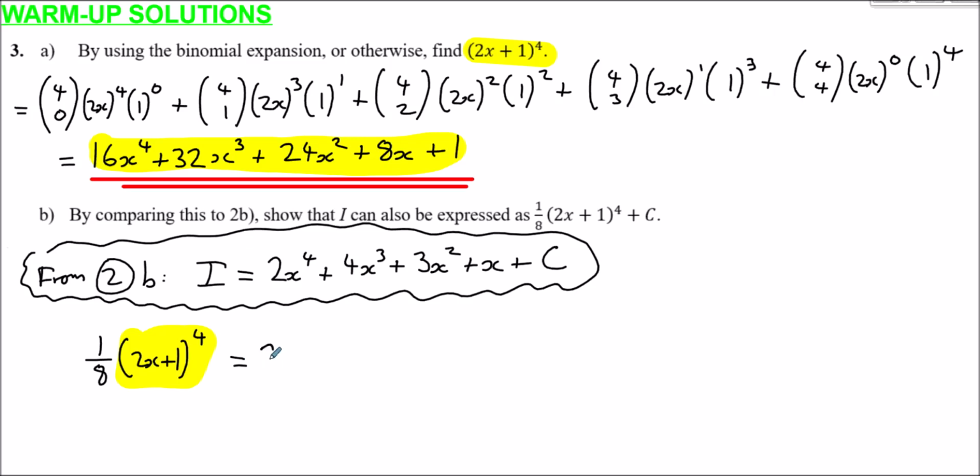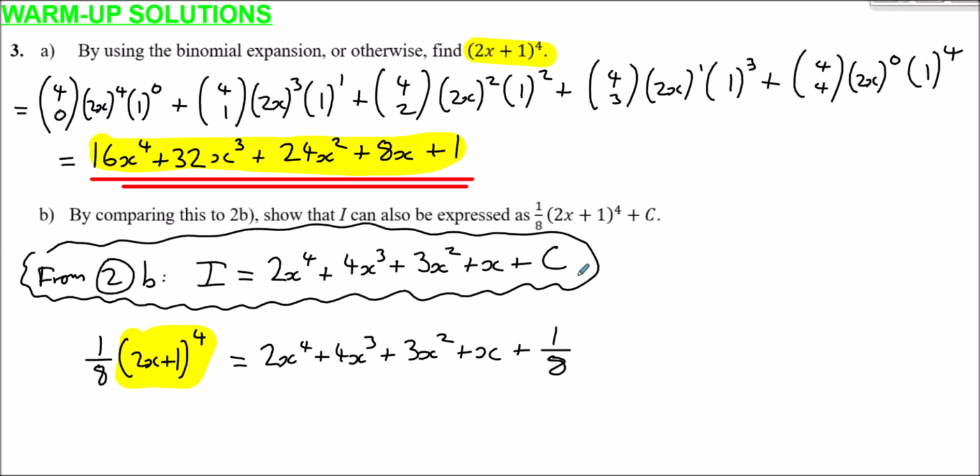So I'm going to have 2x^4. 32 divided by 8 is 4, so I get 4x^3. 24 divided by 8 is 3, so I get 3x^2. 8x divided by 8, of course, is just 1x. 1 divided by 8 is 1/8.